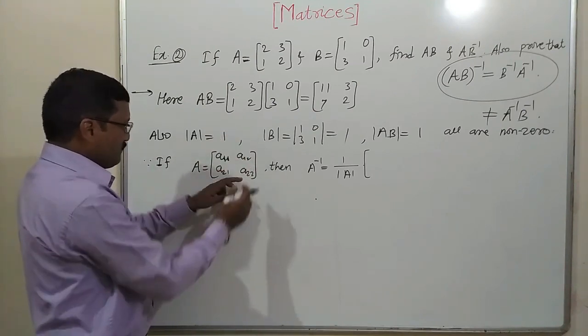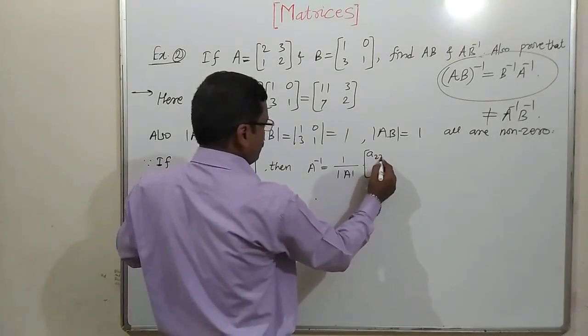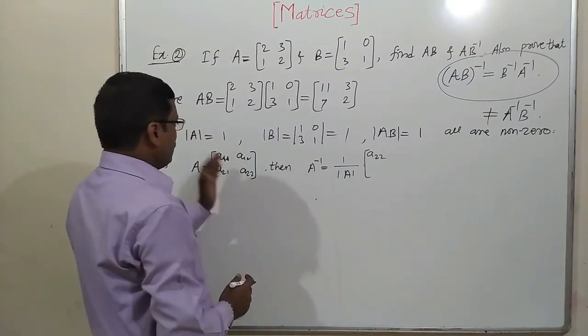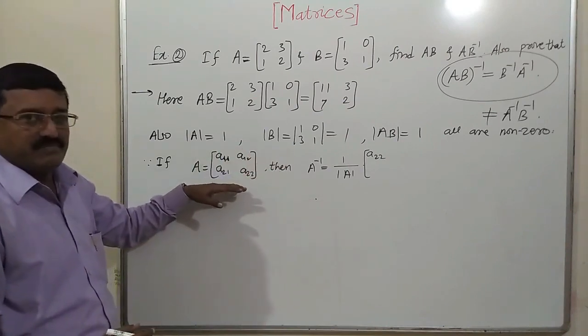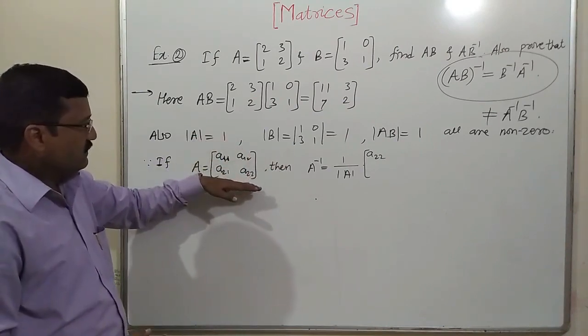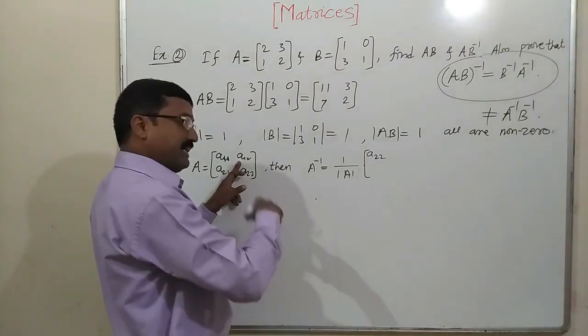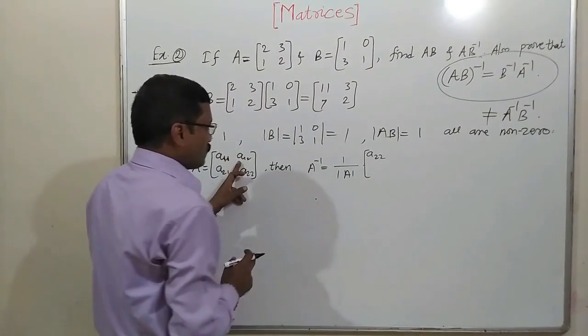So this is the first column, we will read from this element. So A22 here. Then A12. Column wise from the last element. Here row wise from the first element we read. In inverse we will read in the reverse way, that is column wise and from the last element. But we write with the same convention, that is row wise writing.